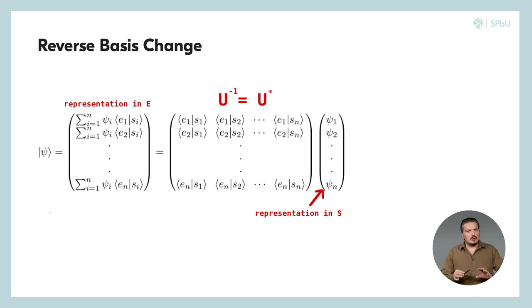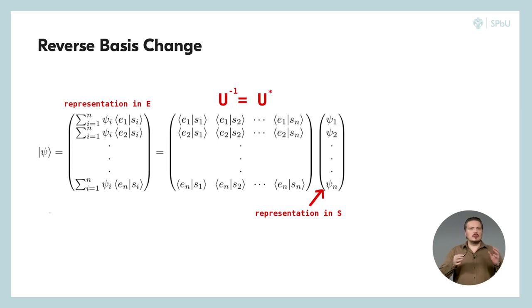If you do so, you may notice that U star, the adjoint of U, is also its inverse. If you multiply U star by U from left to right, doesn't matter, you obtain the identity operator. It means that U star cancels the action of U, as well as U cancels the action of U star.